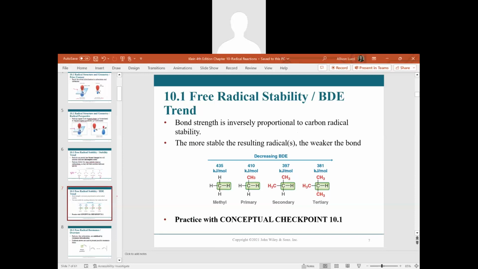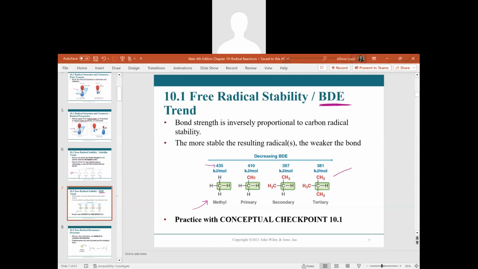We can explain this through bond dissociation energy, how much energy needs to be put in to break a bond. So that's measured here. We see with our methyl species here, our CH4, this CH bond indicated in green would require 435 kilojoules per mole to break that CH bond and produce a radical.